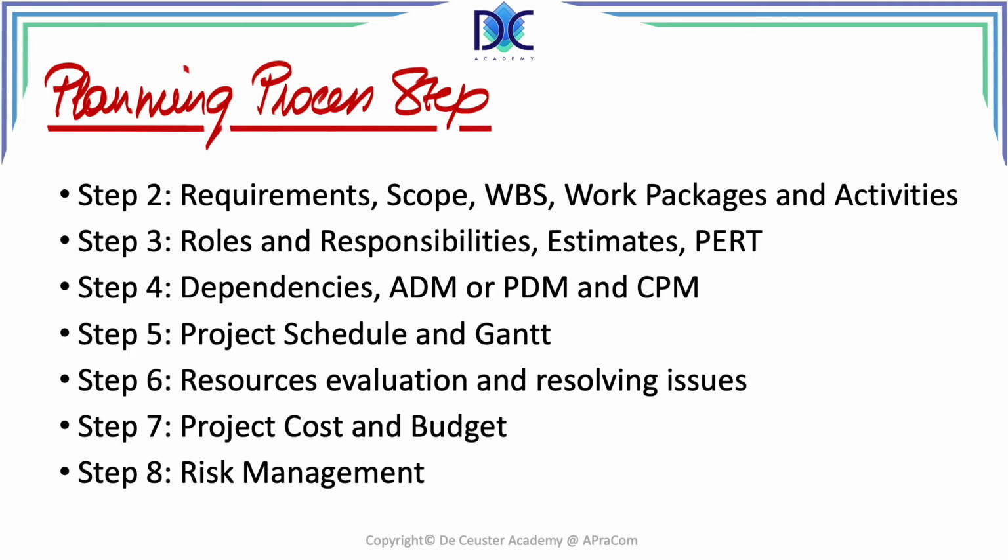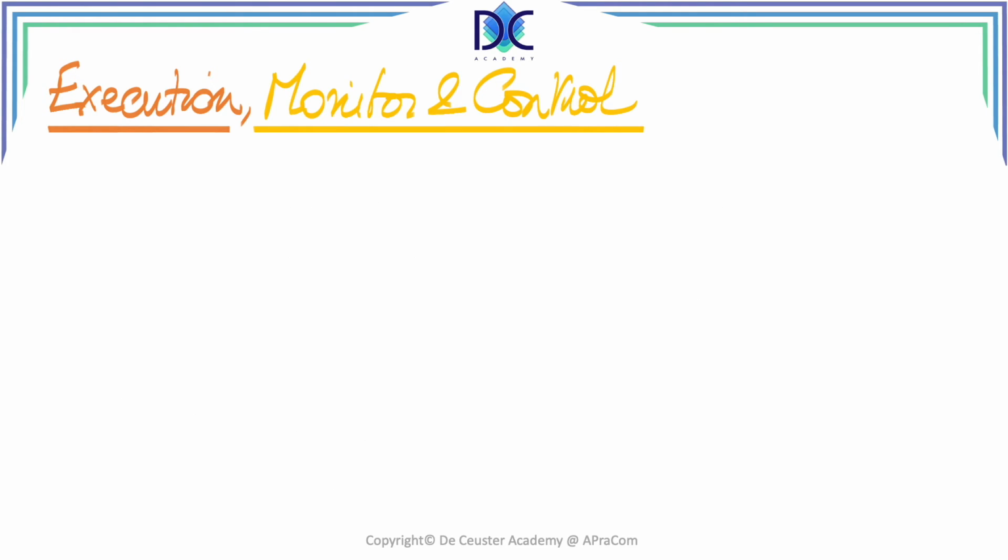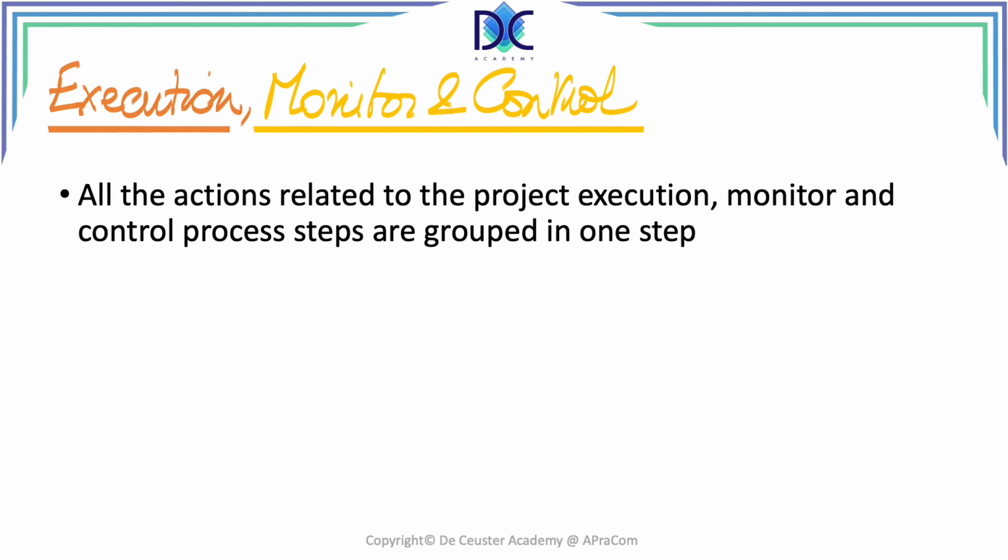We will explore more possibilities, more exercises, more ways of calculation, problem solving, and so on. And then we will look at execution, monitor, and control. Here we look at project execution and monitoring and control, and we combine everything basically in one step.